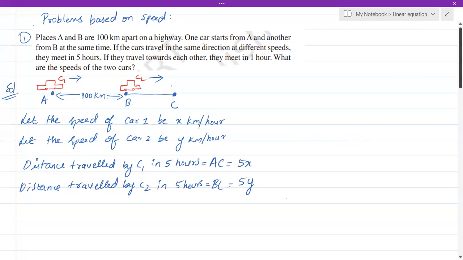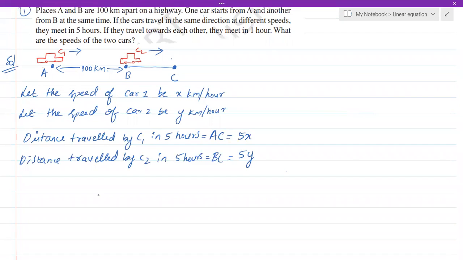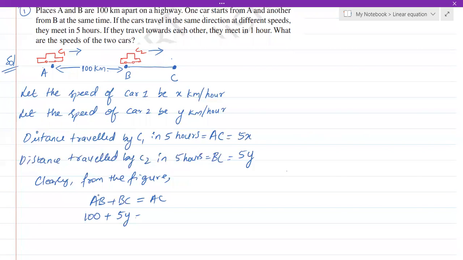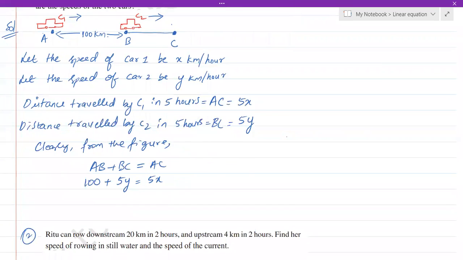Now, clearly from the figure, AB plus BC is equal to AC. The value of AB is 100, BC is 5y, and AC is 5x. Shifting 5y to the other side, 5x minus 5y is equal to 100.